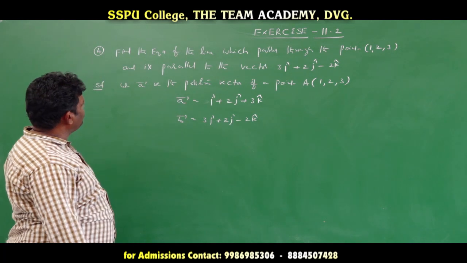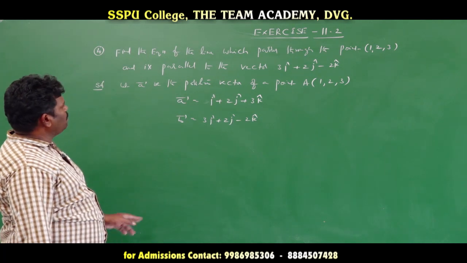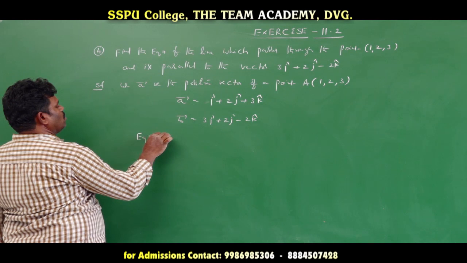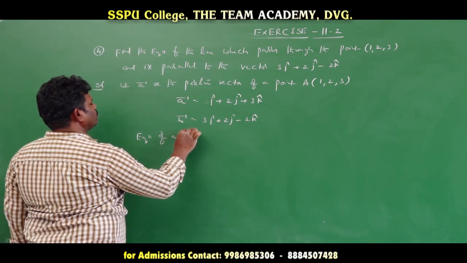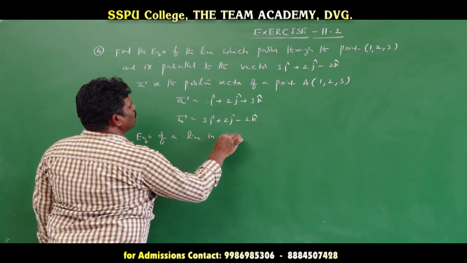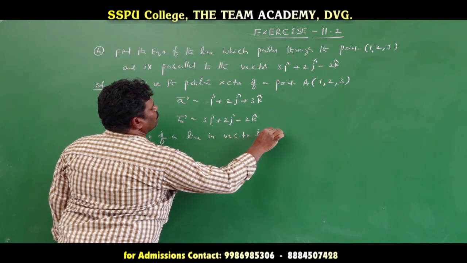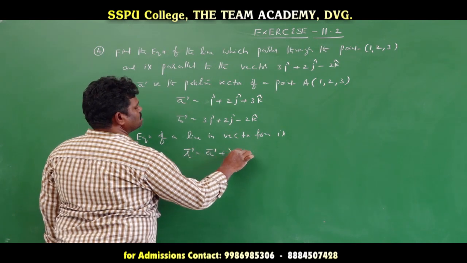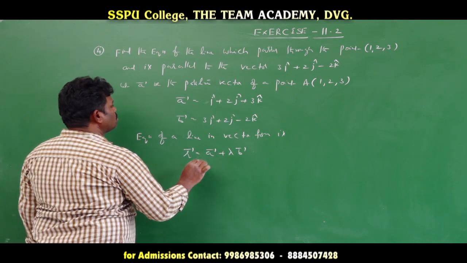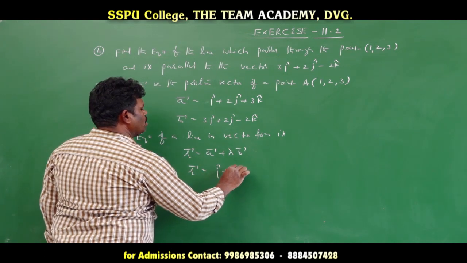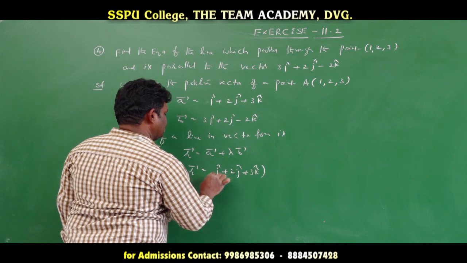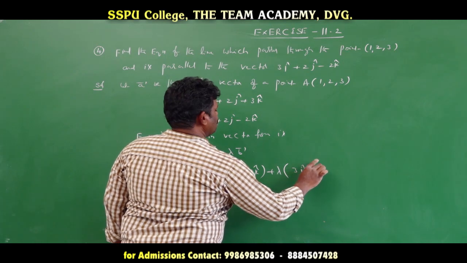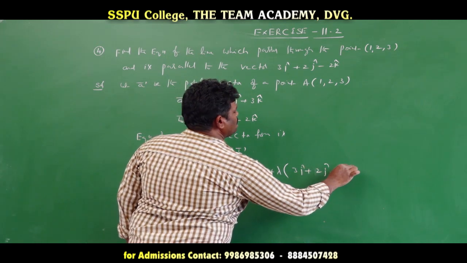We need to find the equation of the line which passes through the point and is parallel to the given vector. So the equation of a line in vector form is R bar is equal to A bar plus lambda into B bar. So R bar is equal to I cap plus 2j cap plus 3k cap plus lambda into 3I cap plus 2j cap minus 2k cap.